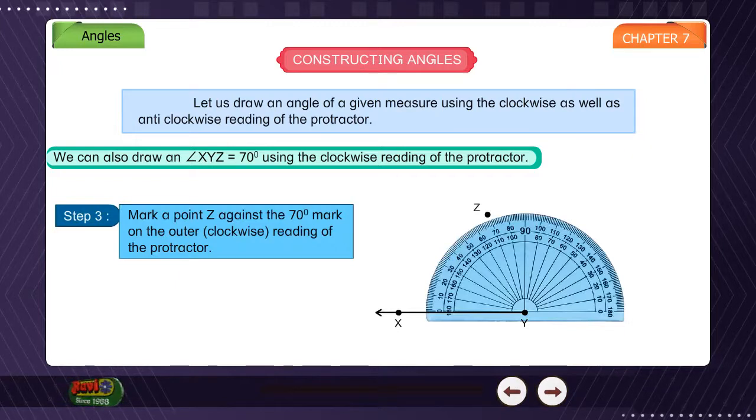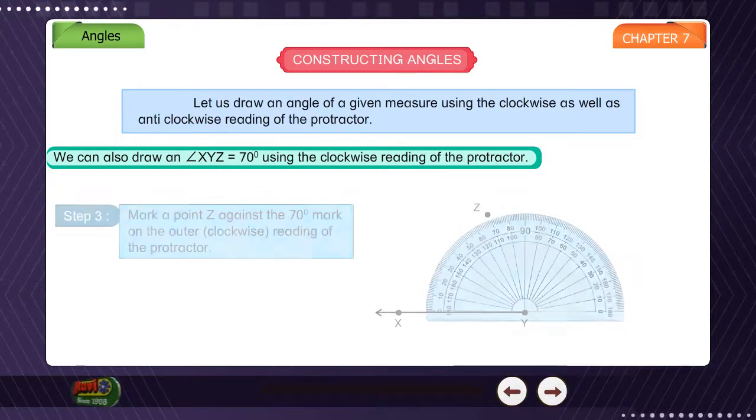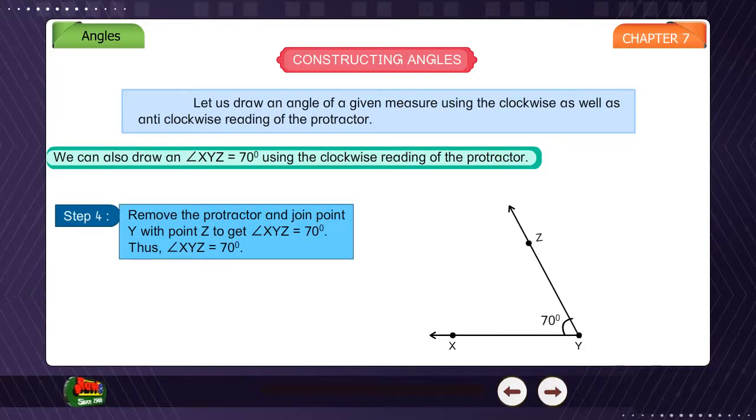Mark a point Z against the 70 degree mark on the outer clockwise reading of the protractor. Step 4. Remove the protractor and join point Y with point Z to get angle XYZ equal to 70 degrees. Thus, angle XYZ is equal to 70 degrees.